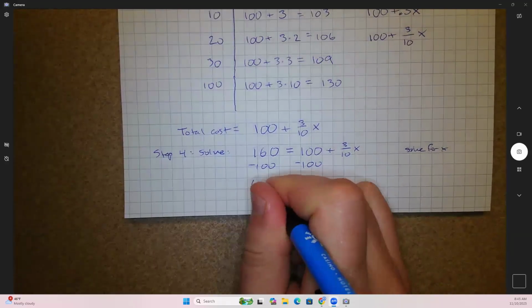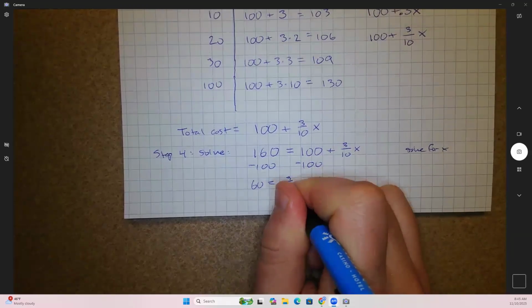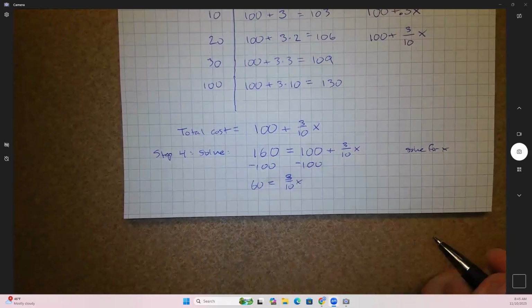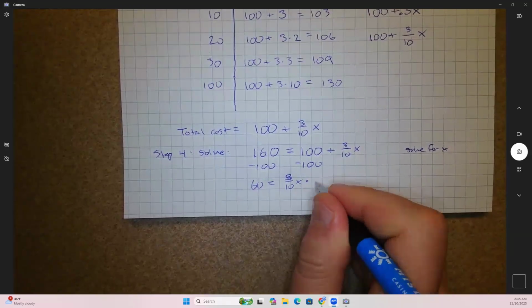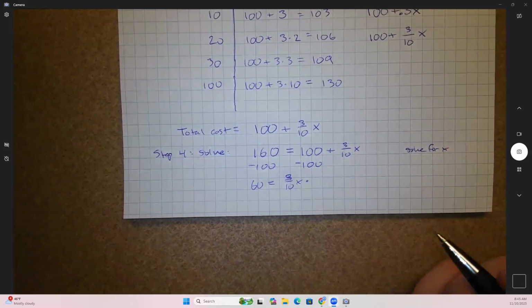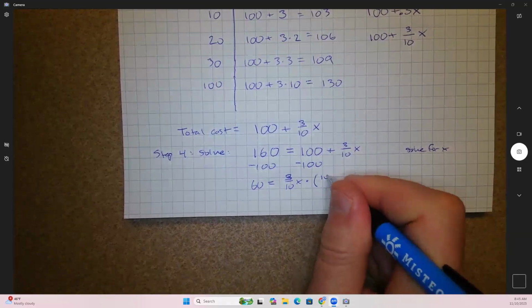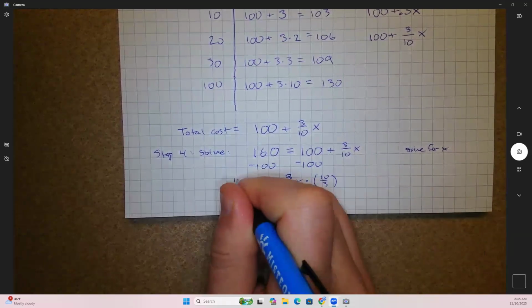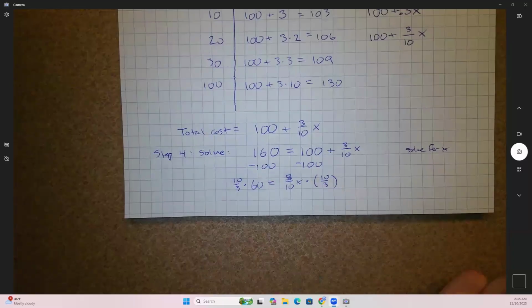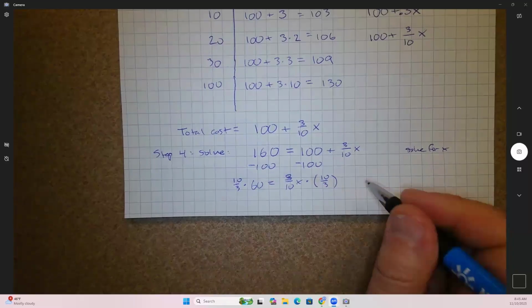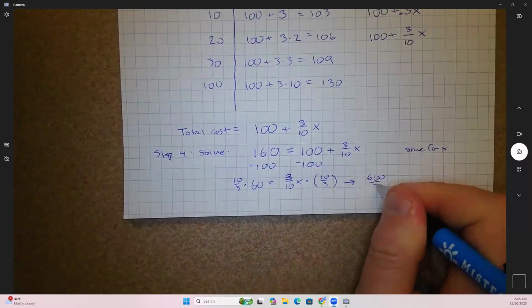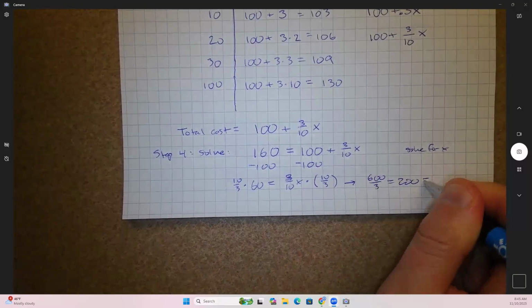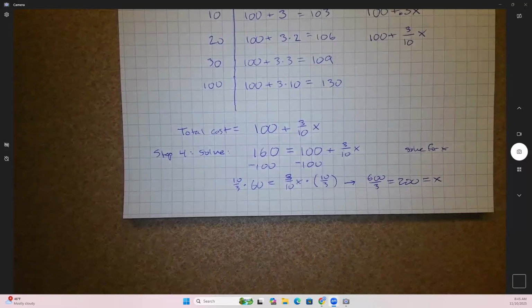And I get 60 equals 3/10 x. And to isolate x, I need to divide by 3/10, or using our fraction skills, multiply by the reciprocal, 10 over 3. And I get 600 over 3, or 200, equals x.